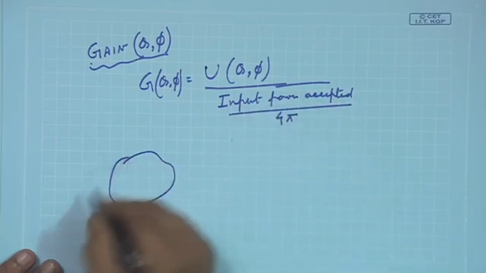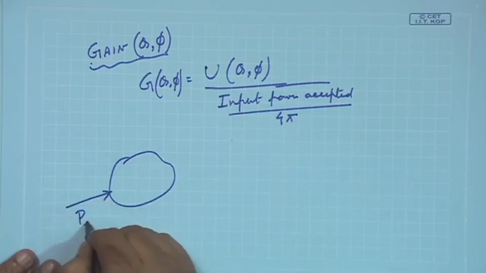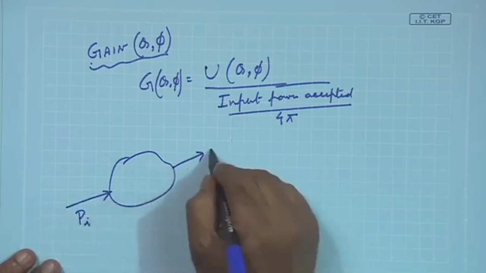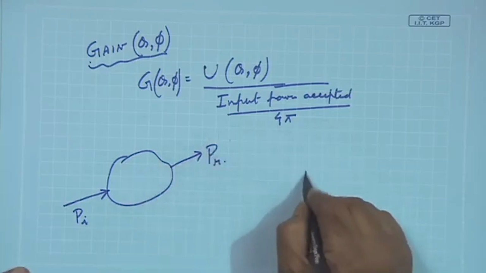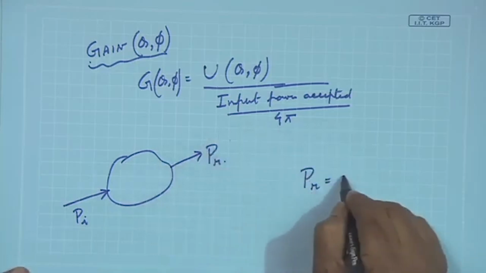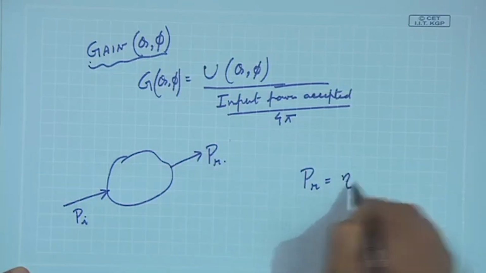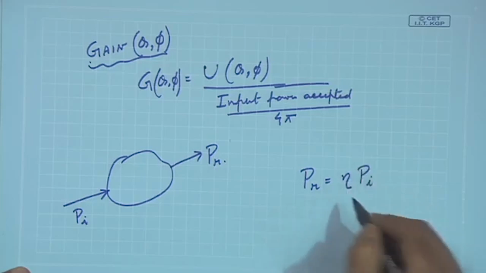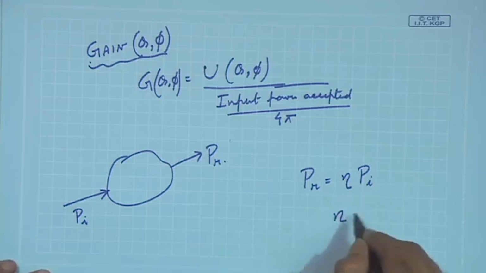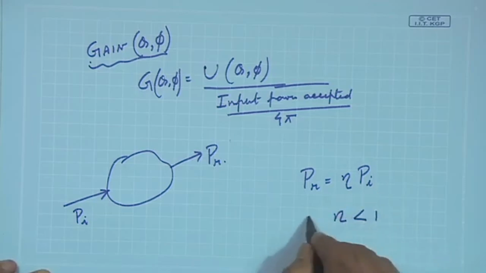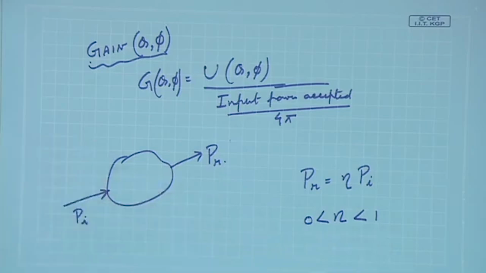If this is an antenna, the input power is Pi and its output is the radiated power PR. So PR is some factor eta into Pi. This eta is a constant, always between 0 and 1, because an antenna is a passive device and cannot produce power.